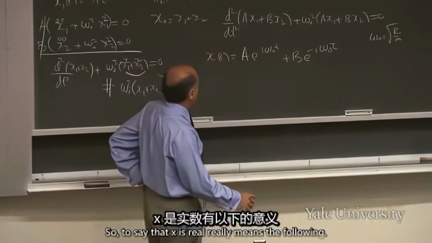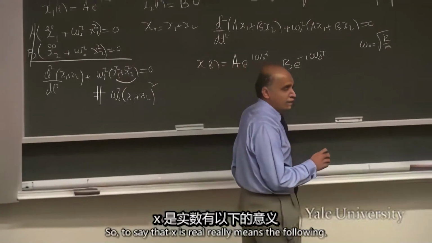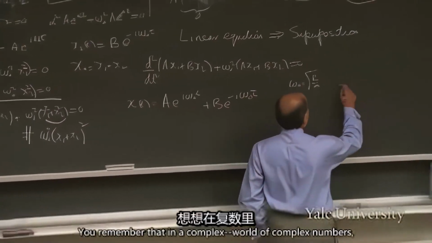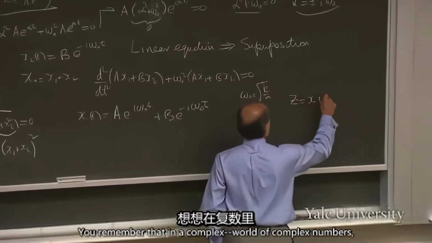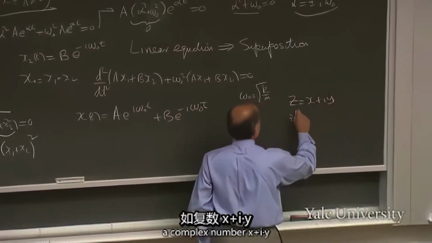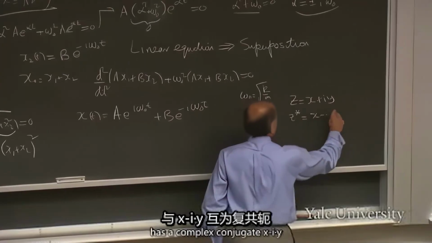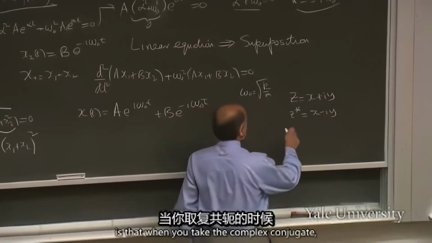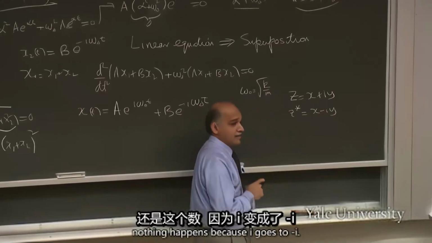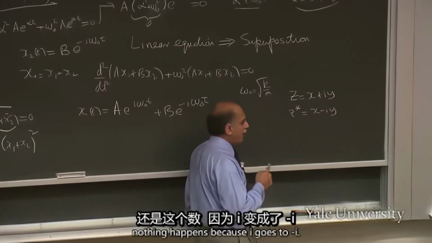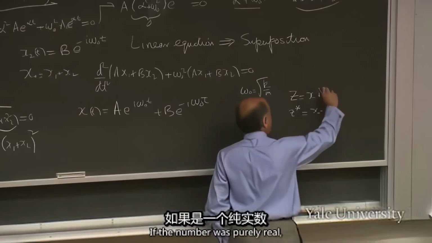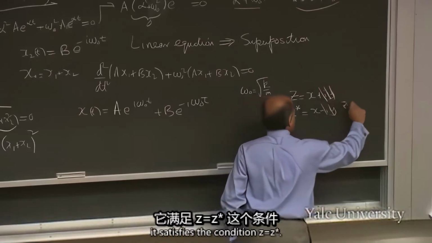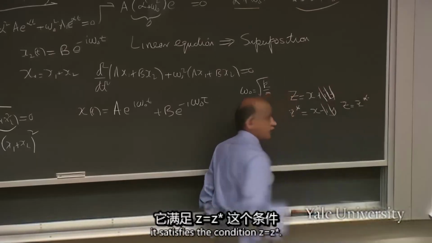So to say that x is real really means the following. You remember in the world of complex numbers, a complex number x plus iy has a complex conjugate x minus iy, and the property of real numbers is that when you take that complex conjugate, nothing happens. Because i goes to minus i, if the number was purely real, it satisfies the condition z equal to z star.